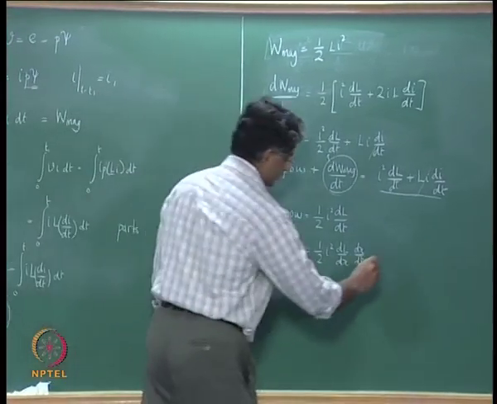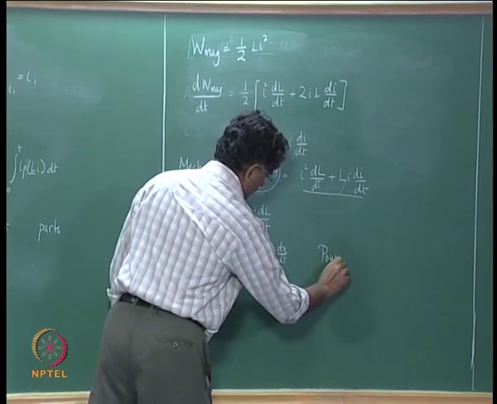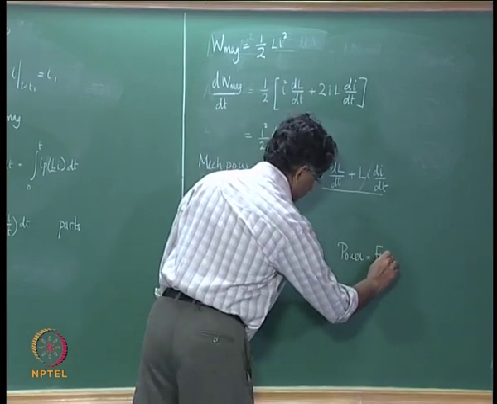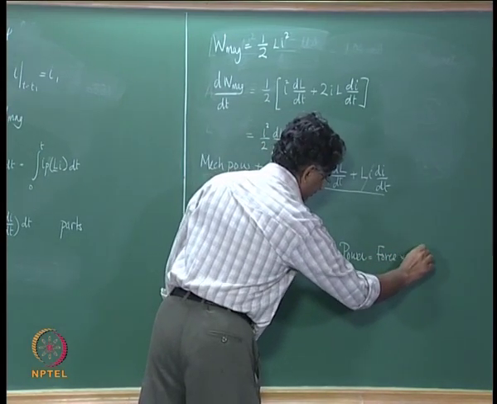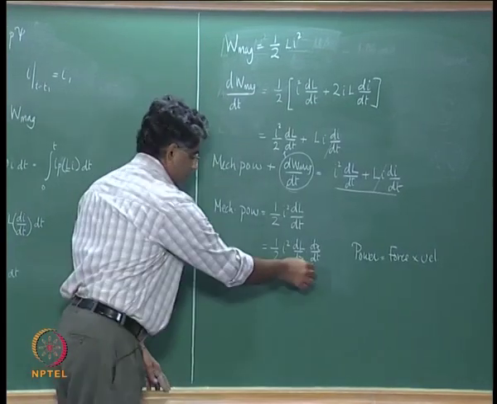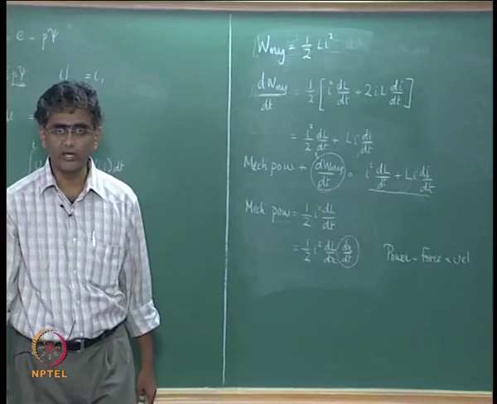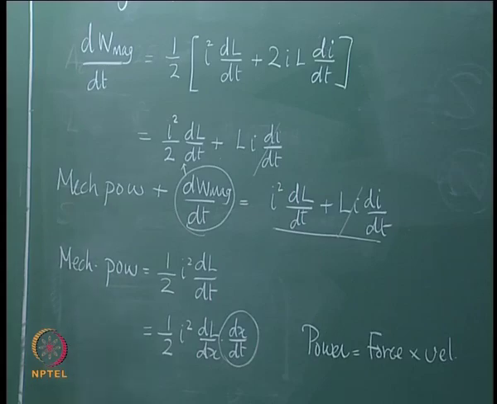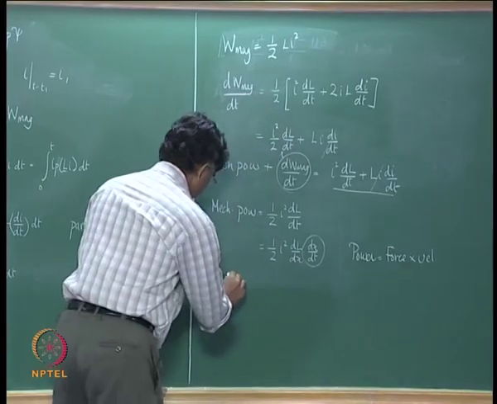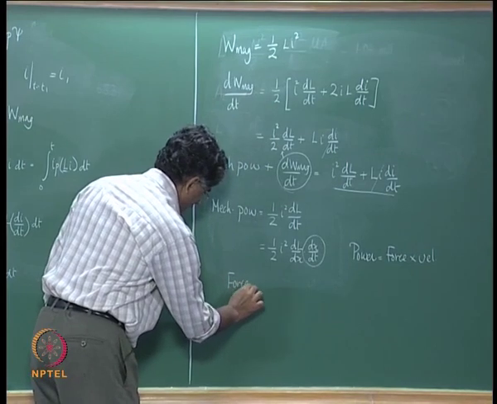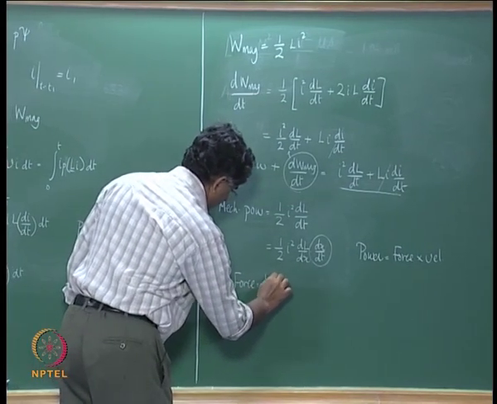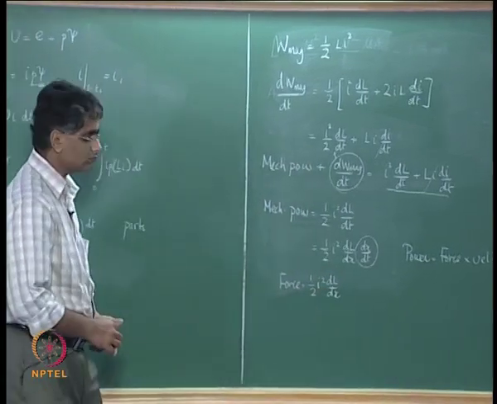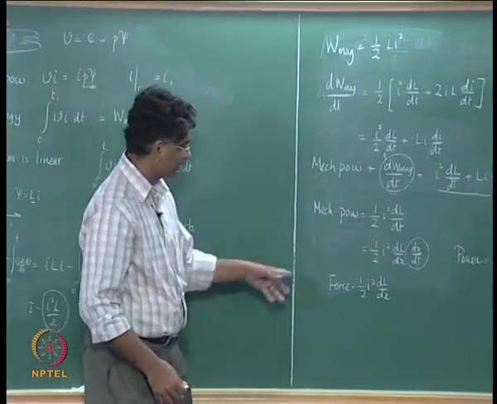We know further that power in mechanics is equal to force multiplied by velocity, and here you have velocity, which is dx by dt, and therefore this term, which is half I squared dL by dx, must be equal to force. Therefore we can write force is equal to half I square dL by dx. So we have now derived an expression for force.